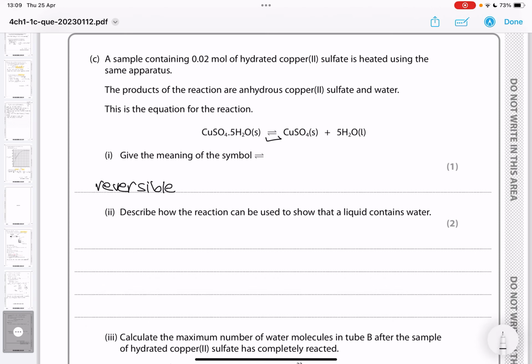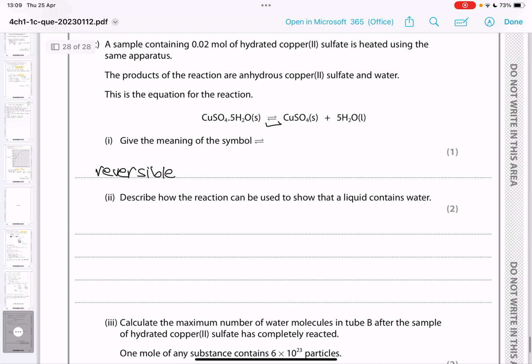Describe how the reaction can be used to show that a liquid contains water. Now, hydrated copper 2 sulfate is blue in colour, and normal copper 2 sulfate is white. Now, to show that something contains water, this is a chemical test.